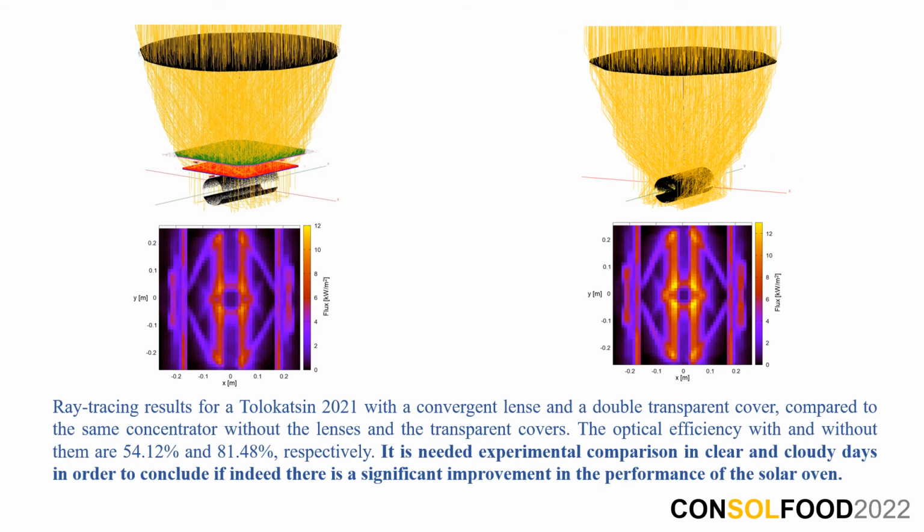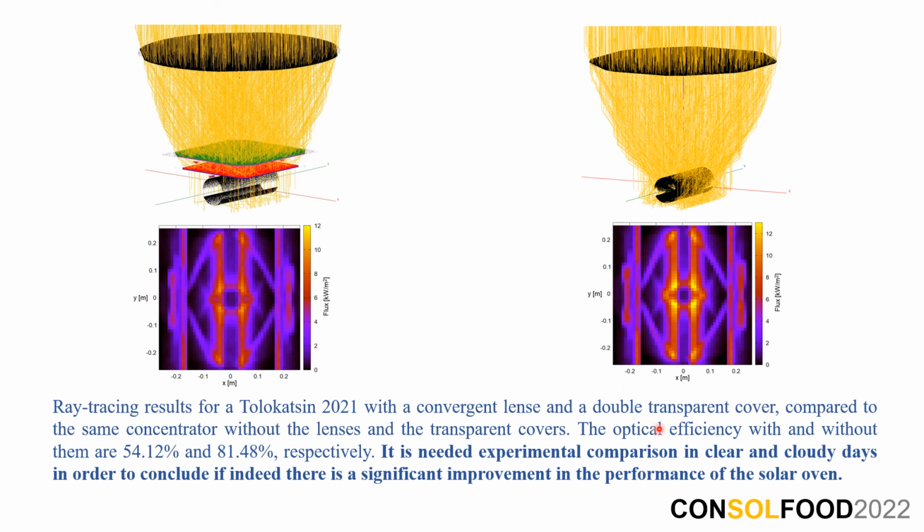This slide shows the ray tracing results for a Tolokatsin 2021 with a convergent lens and a double transparent cover, compared with the same concentration without the lenses and the transparent covers.